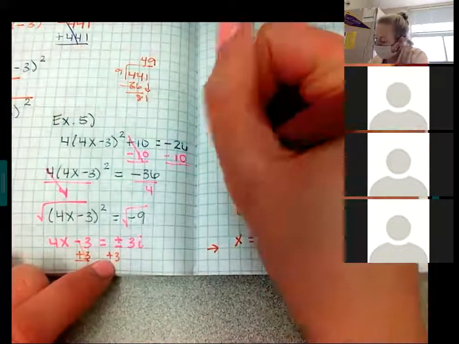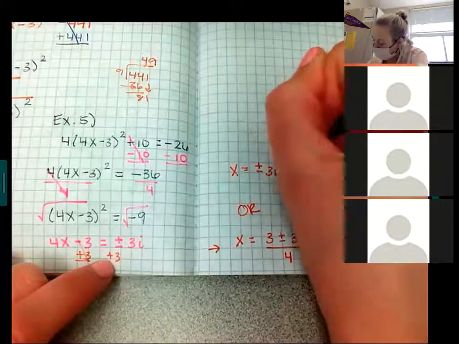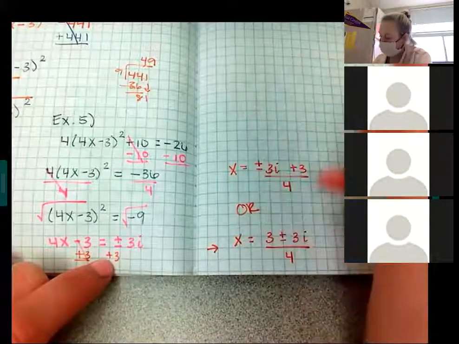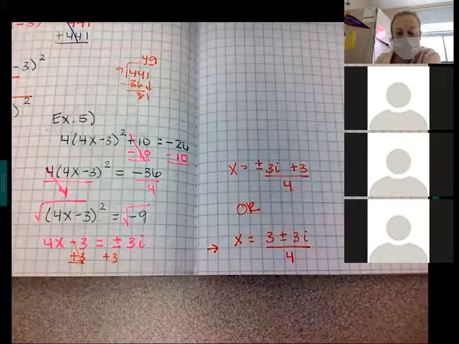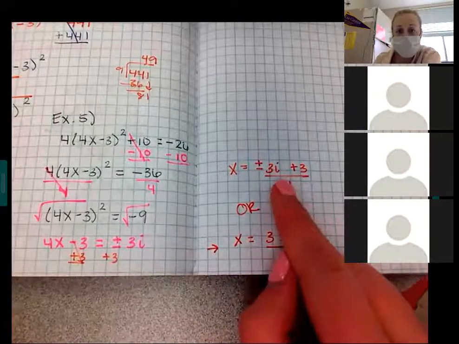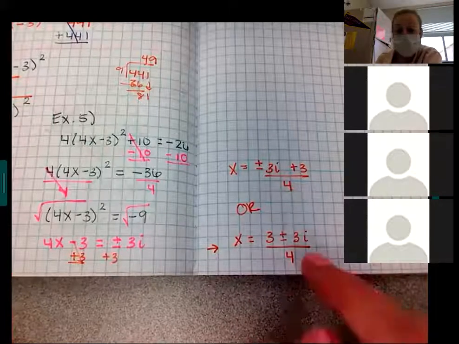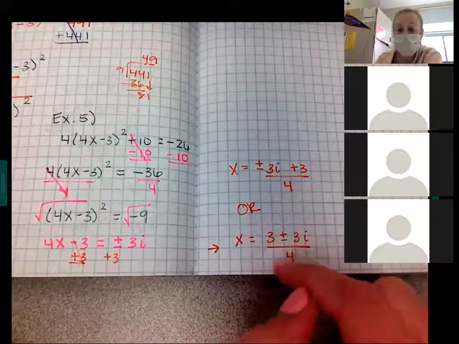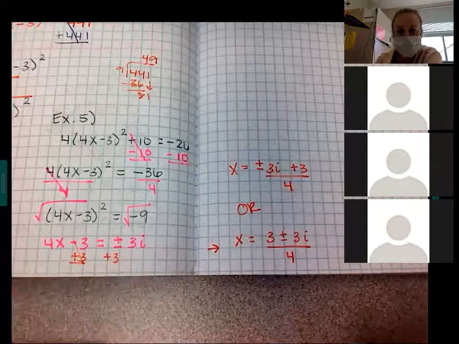Or you can write it like this, plus or minus 3i plus 3 over 4, but be careful, because you can't add those. You can't add them because they're not both imaginary. You would leave it just like this since you can't simplify with imaginaries. We don't do that. We just leave it.